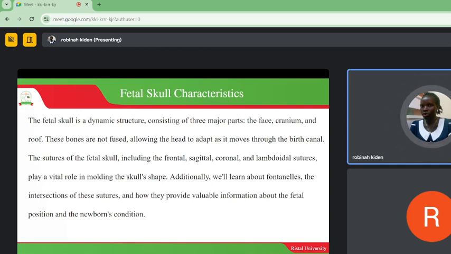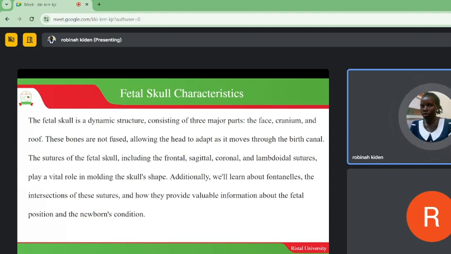So let's look at fetal skull characteristics. The fetal skull is a dynamic structure consisting of three major parts. We have the face, the cranium, and the roof. These bones are not fused, so that they allow the head to adapt as it moves through the birth canal.